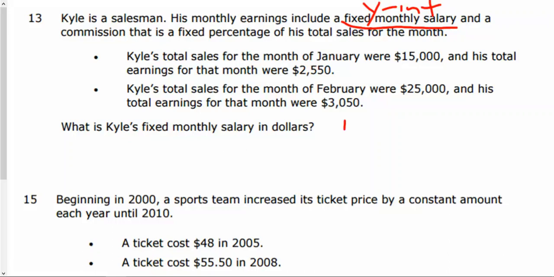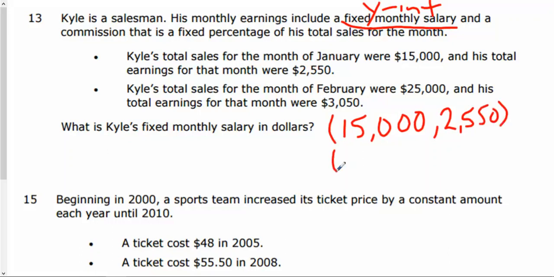So we're given two coordinates here. We're given 15,000, comma 2,550, and then we're given 25,000 and 3,050. And so our goal is to try to figure out what is the fixed monthly salary, meaning that we're solving for the y-intercept.